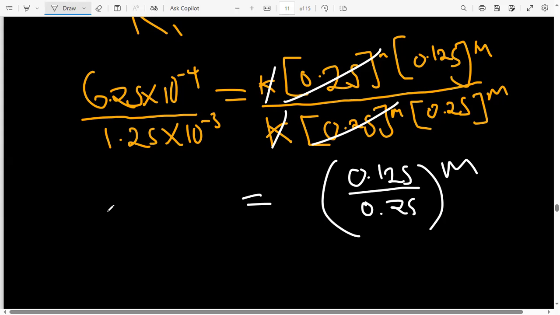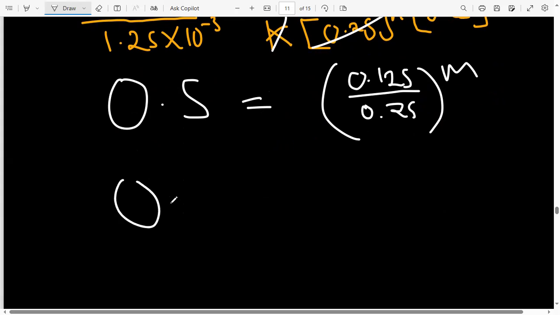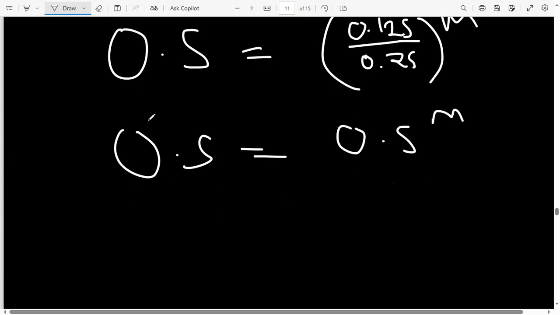I'm going to get 0.5 when I divide this. And here, 0.125 divided by 0.25, I'm also getting 0.5 to the power m. So it means this 0.5 is the same as to the power 1, right? So I can cancel 0.5, 0.5. I'm just going to get my m is equal to 1.